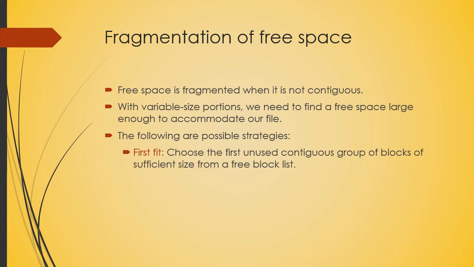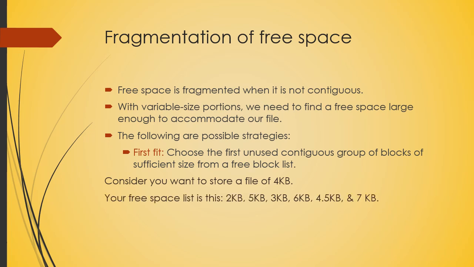First fit. Choose the first unused contiguous group of blocks of sufficient size from a free block list. Consider you want to store a file of 4 KB. Your free space list is this: 2 KB, 5 KB, 3 KB, 6 KB, 4.5 KB, and 7 KB. First fit provides you the second free space of 5 KB.